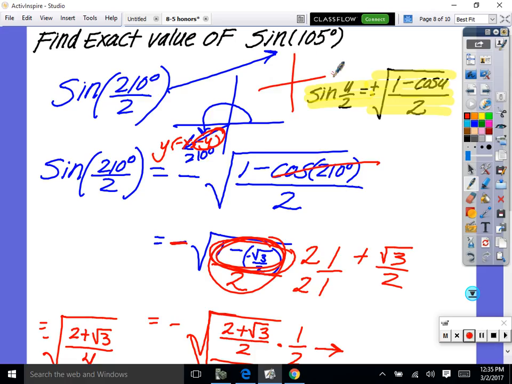Which quadrant is that in? Right, it's 105, my bad. 105 is in quadrant 2, and there it's negative x, positive y. Sine is y, so we would put a positive. Sorry, that's what's going on. But we're good, right?